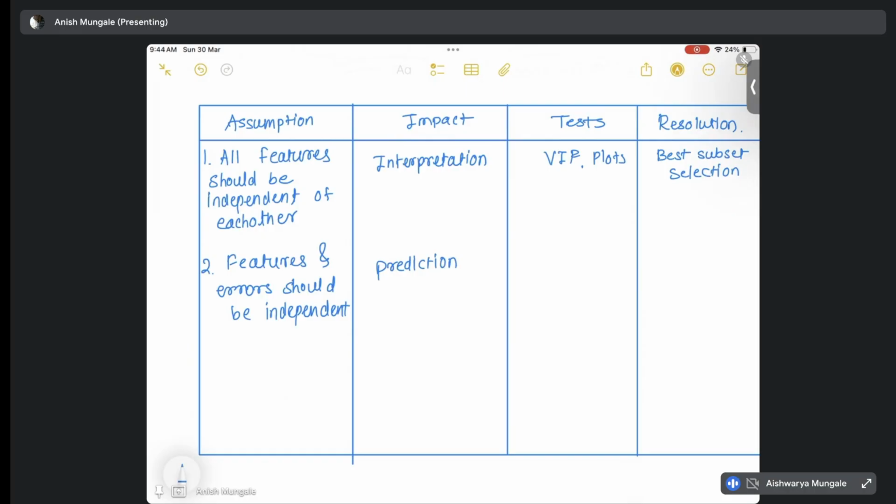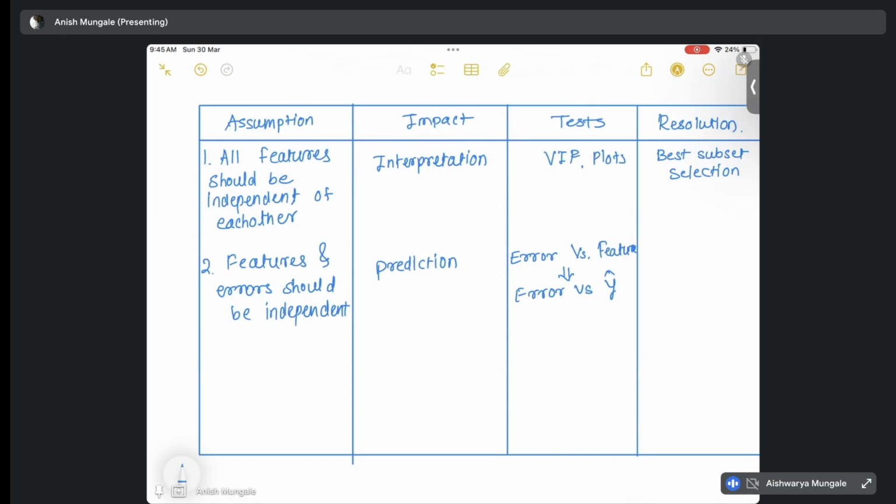And how did we do the test? The error versus. Yes, so either error versus feature you will plot, or first plot error versus y cap. If you find any kind of dependence, then you plot with each feature, right?